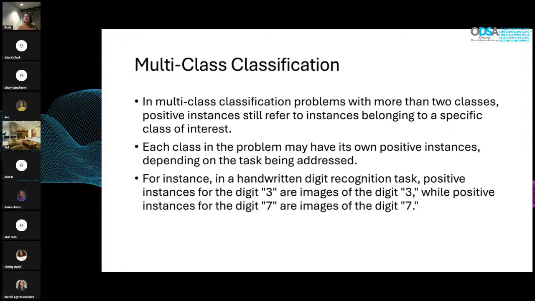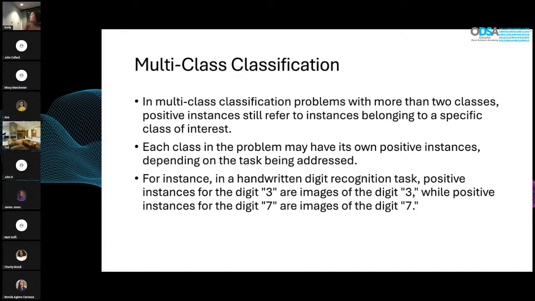We can also look at multi-class classification, where we're trying to predict more than 2 classes. In that case, we don't have just 0 and 1; we have multiple classes, and each problem has its own positive instances. For example, in the handwritten digit task with numbers from 0 to 9, we were trying to predict: is this a 0? Is this a 1? Is this a 2?